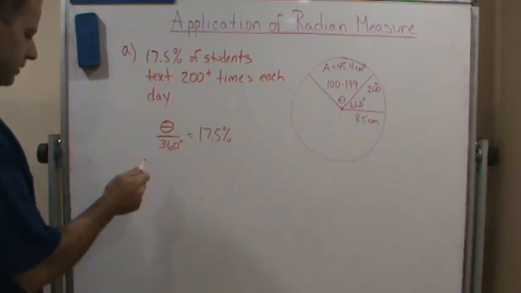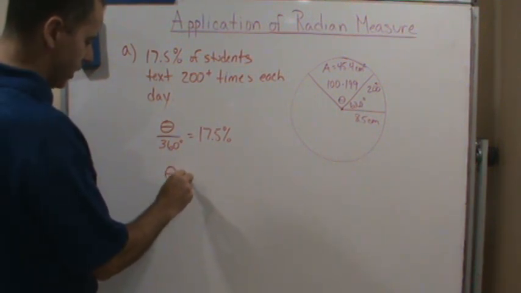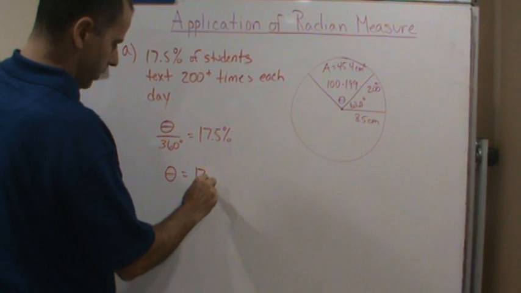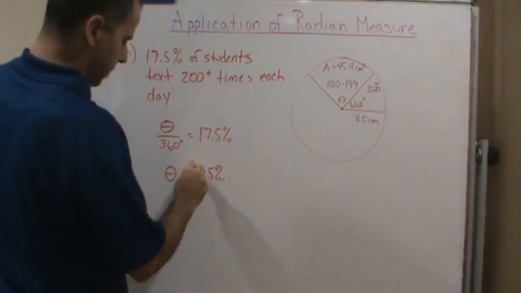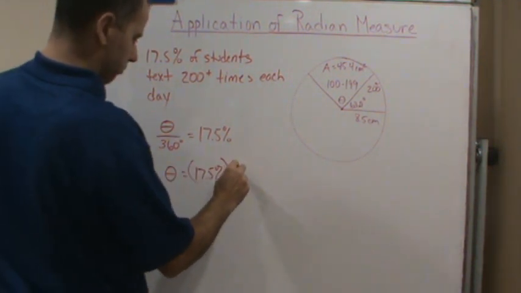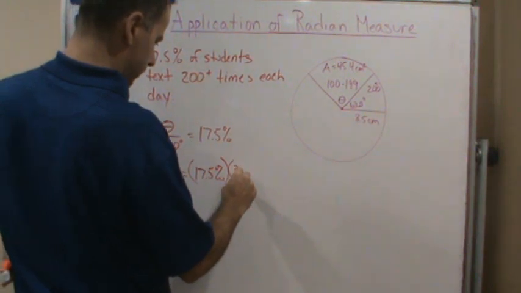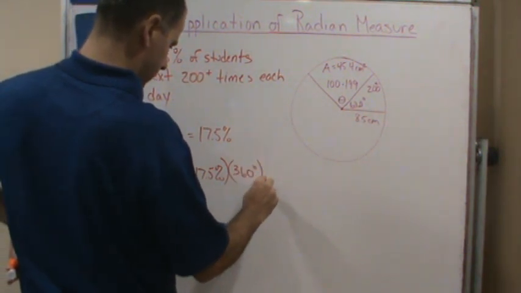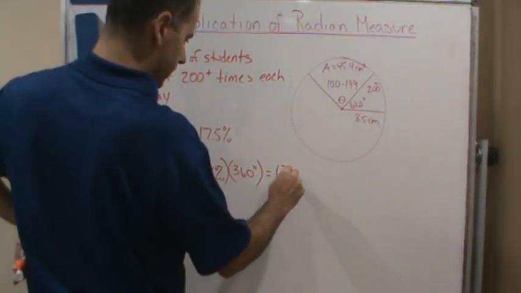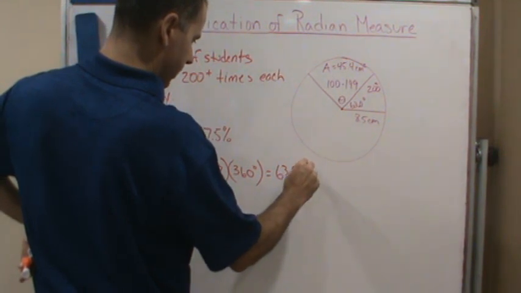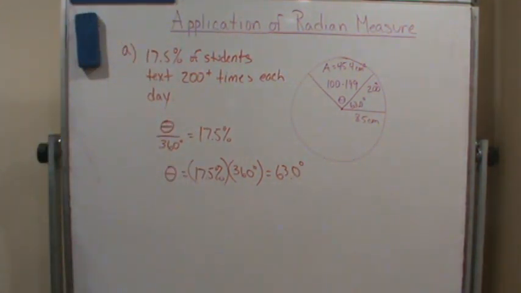So theta is just going to be 17.5% of the entire circle, so that's the fraction of the circle, and that equals 63.0 degrees. Okay, so that's how we get the central angle.